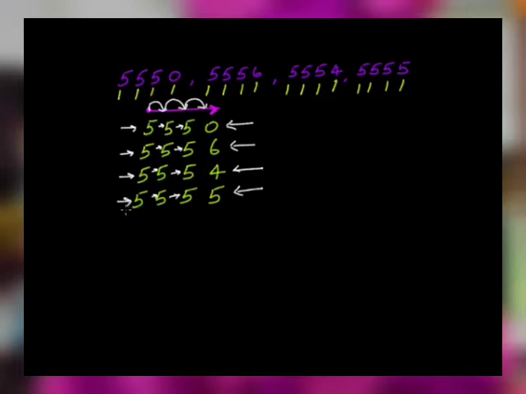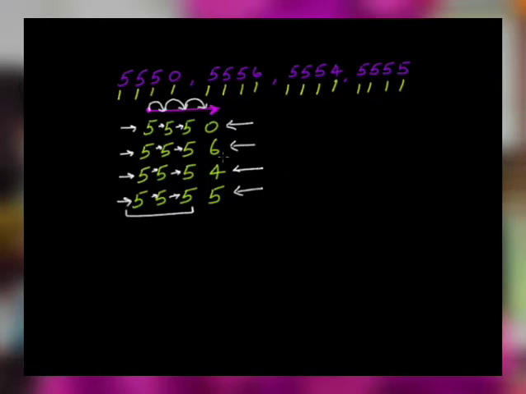Because all the other digits were the same, but in this case we have different digits at the ones place. So on the basis of the ones place we can decide which one is the smallest and which one is the largest. The smallest number would be the one which has the lowest digit, and the largest number would be the one which has the largest digit.